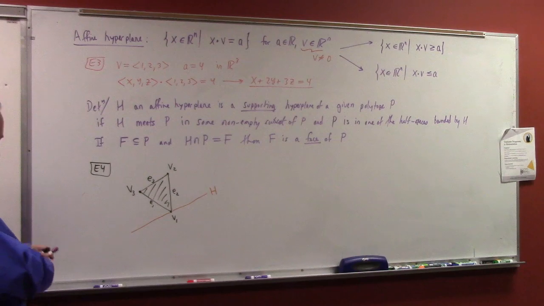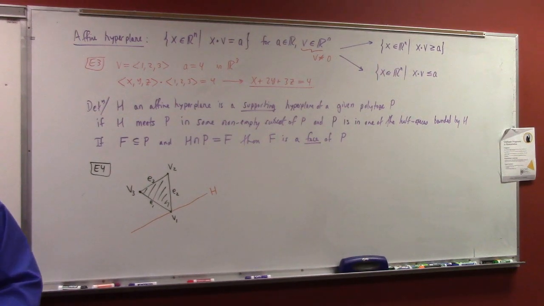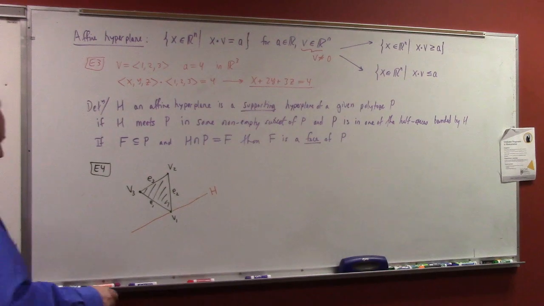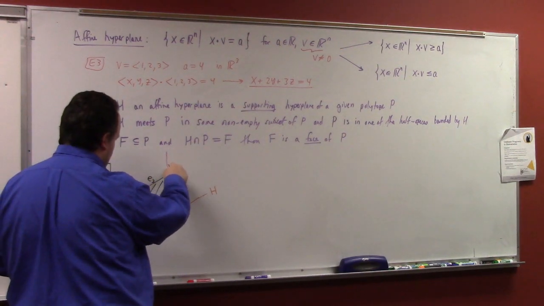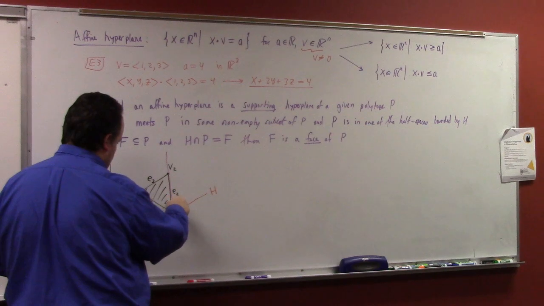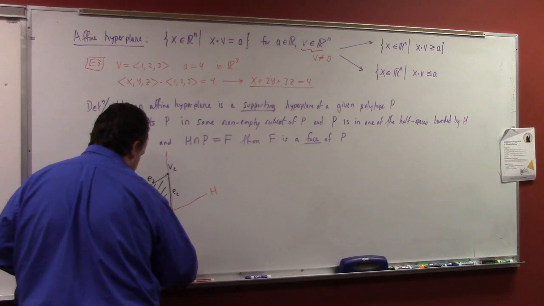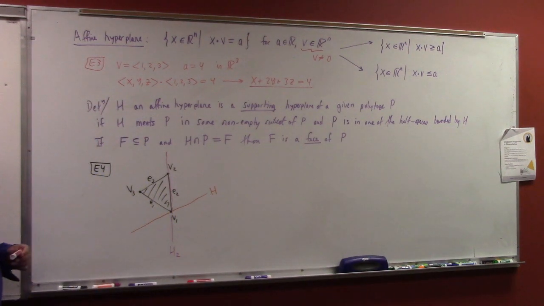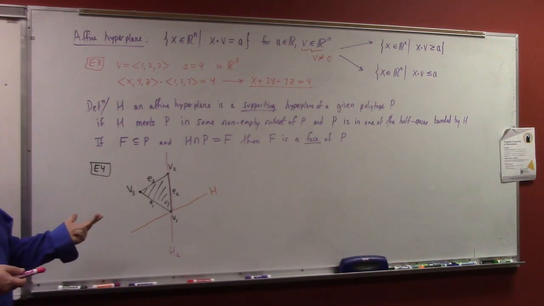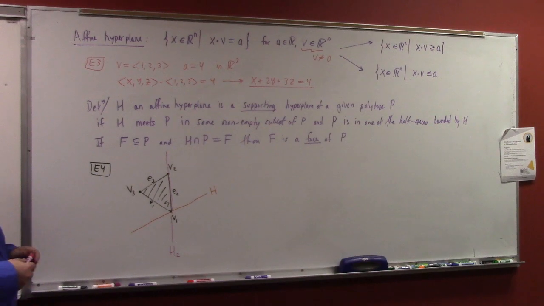But of course, we could also notice that if I look at this half plane here, let me call this H2 for the sake of discussion, you can see then that we could argue V1 is a face, V2 is a face, E2, that line segment, is also a face, because of this closed half plane.